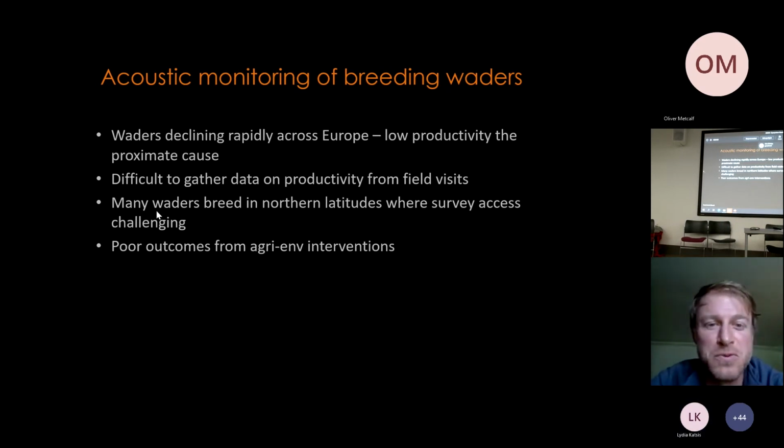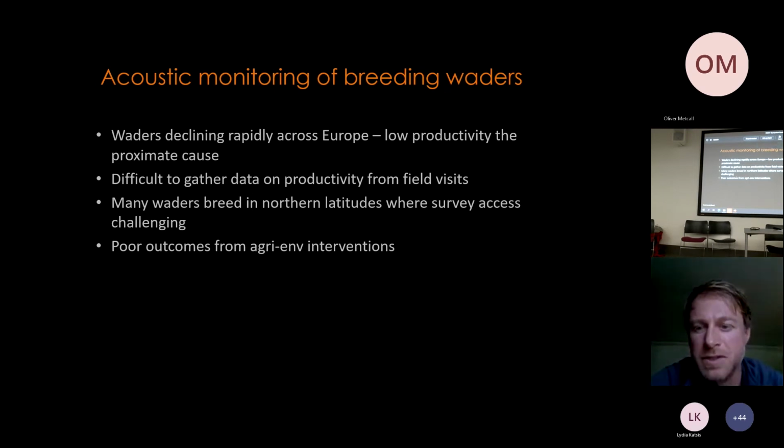So as I said, lots of waders breed in northern latitudes where it's difficult to access, and in agricultural landscapes we have really poor outcomes from agri-environment interventions. And again, that's limited to not knowing too much about where birds are breeding productively, where they're not, because of the difficulties of gathering productivity data from field visits.